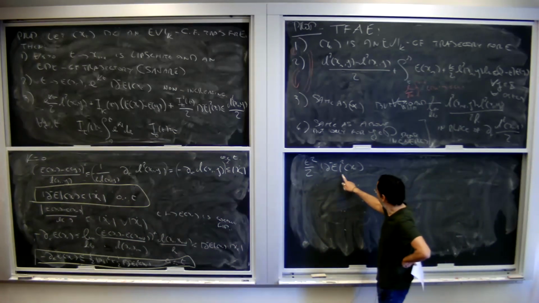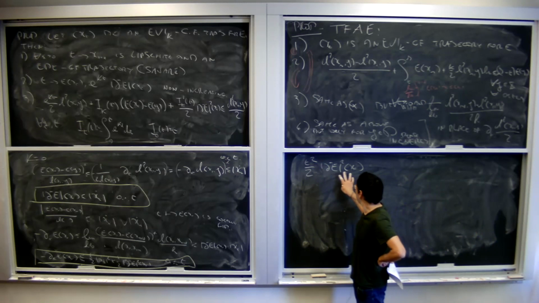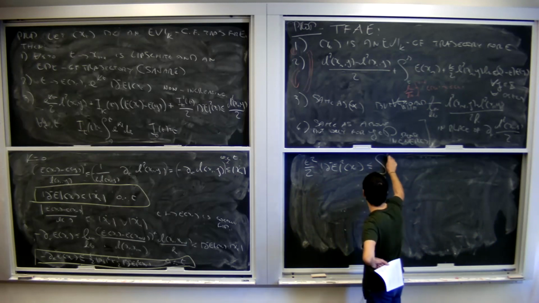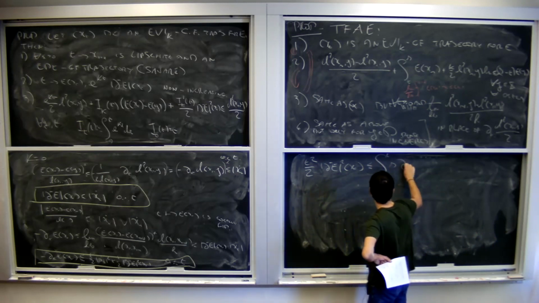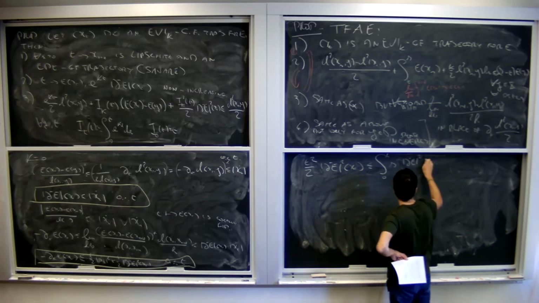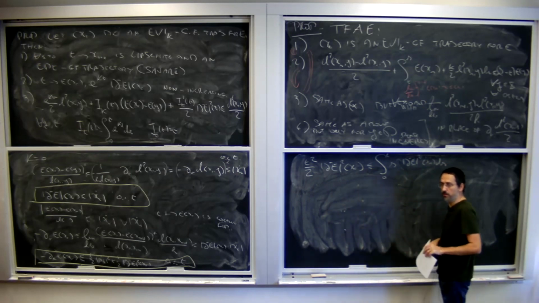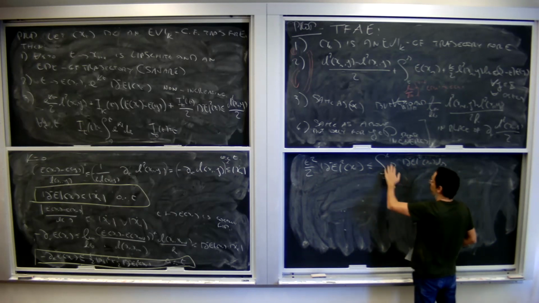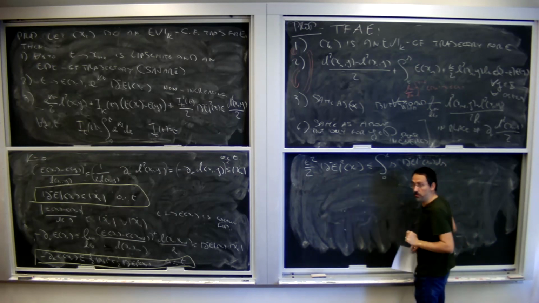I claim now, given that this is decreasing in t, this is less or equal than the integral from 0 to t of s times the slope squared in xs ds. In fact, I proved that for almost every s smaller than t, this is bigger than this quantity, right? So then you integrate in s and you get this. Okay.